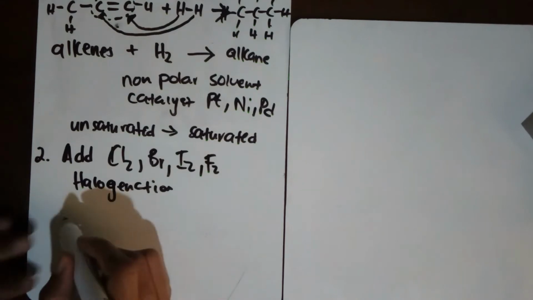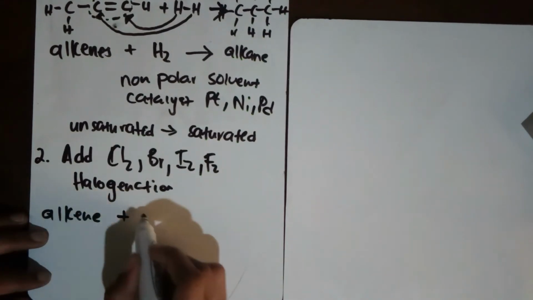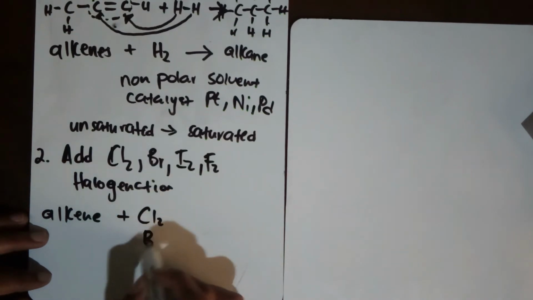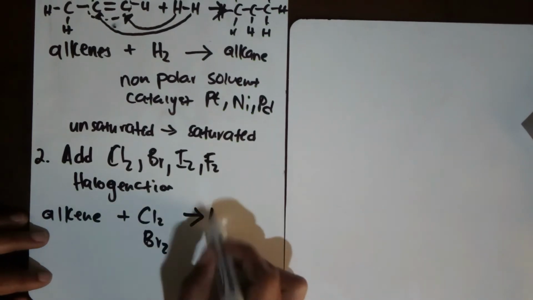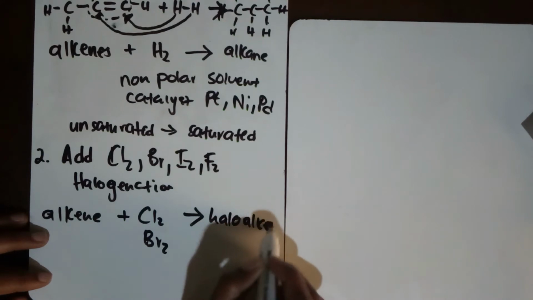In this case, we're taking an alkene and adding either Cl2, Br2, or any of these, and then what we get is a haloalkane at the end. Okay, so let us show you how this would normally proceed.